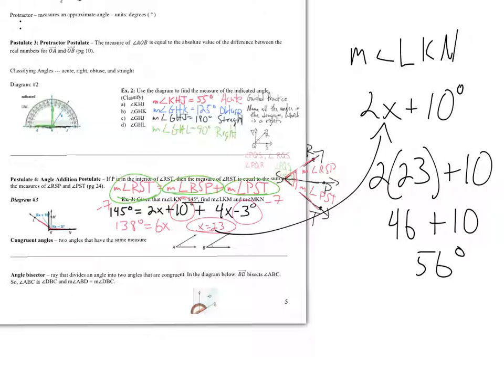So the measure of angle LKM equals 56 degrees.